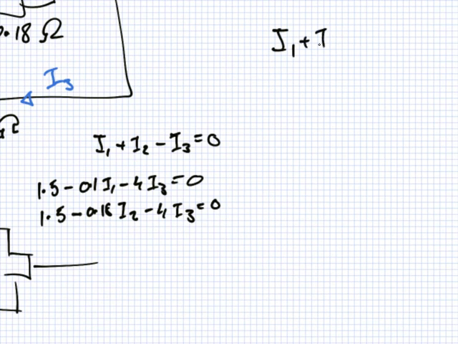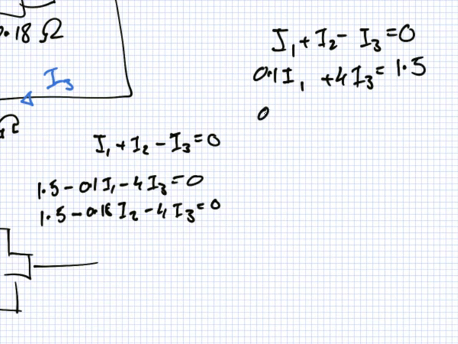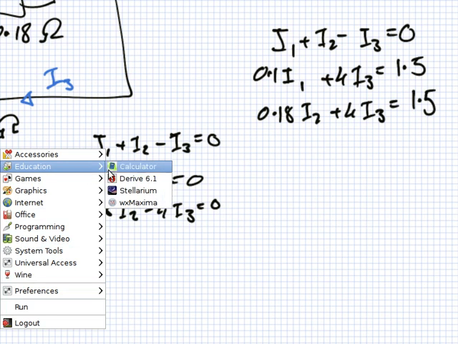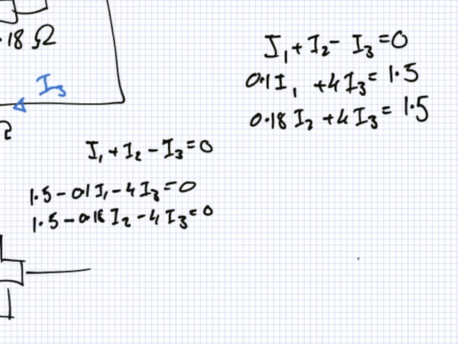I1 plus I2 minus I3 equals 0. 0.1 I1 plus 4 I3 equals 1.5. 0.18 I2 plus 4 I3 equals 1.5. Right, I'll need my calculator.